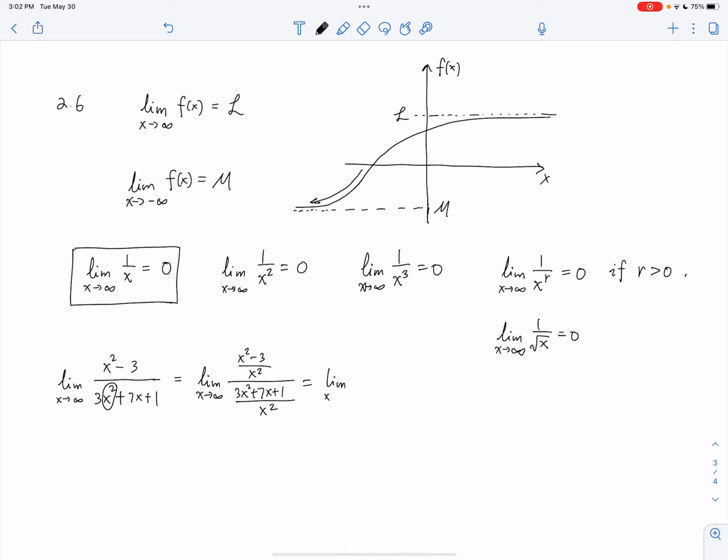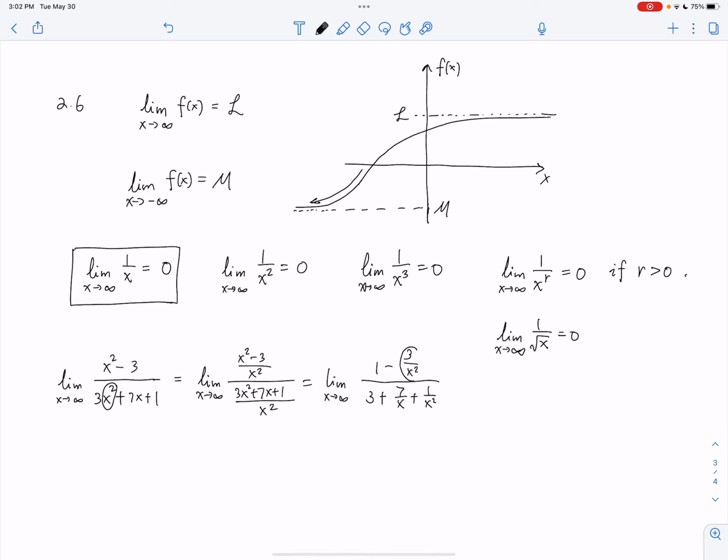Now you take both numerator and denominator. So on the top, you have 1 minus 3 over x squared. On the bottom, you have 3 plus 7 over x plus 1 over x squared. And you can do the limit on each term. So you can do the limit of 1, which is 1.